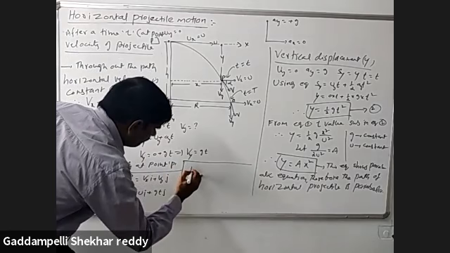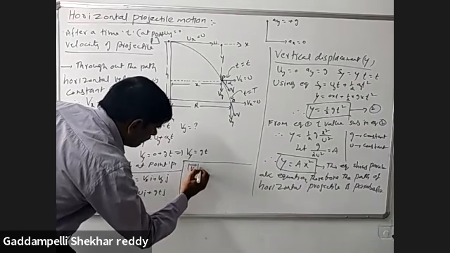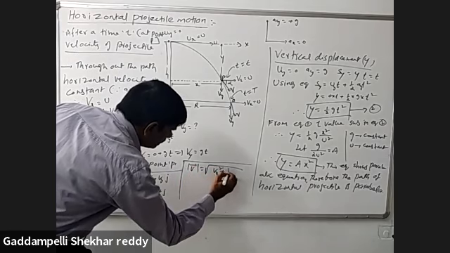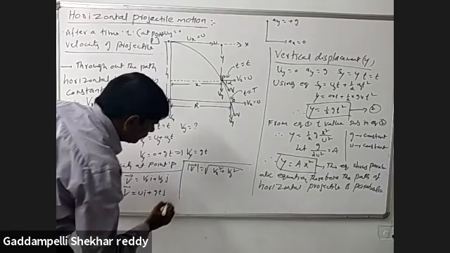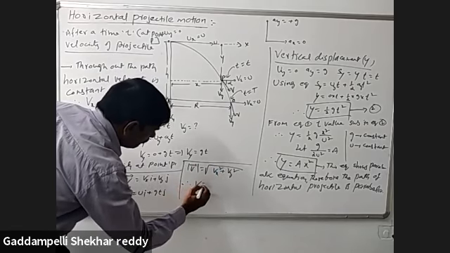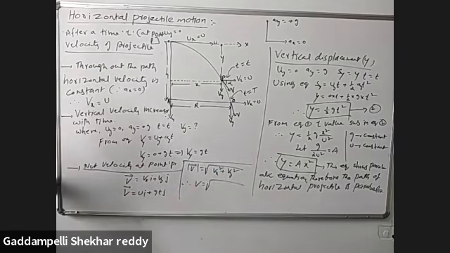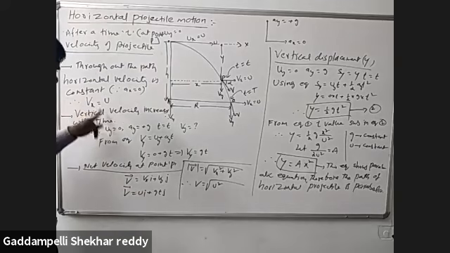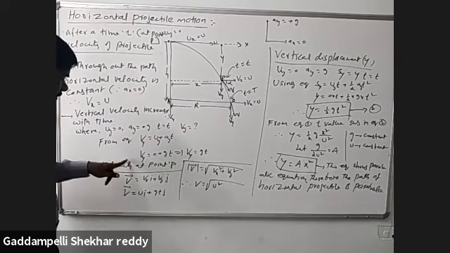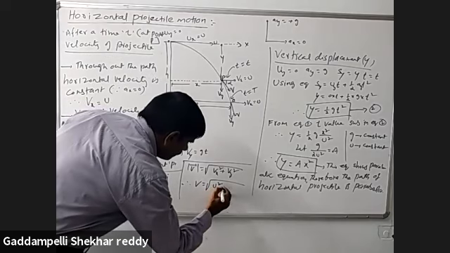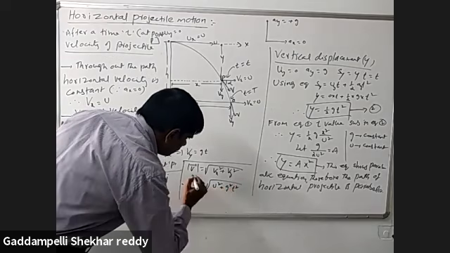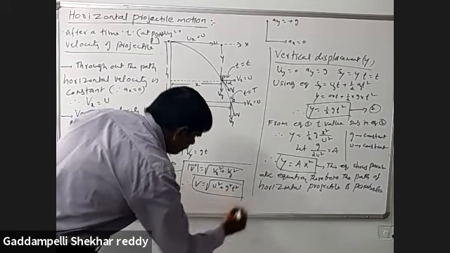Now the magnitude form. Mod of V is equal to the root of Vx square plus Vy square. Therefore, V is equal to, what is Vx? Vx is equal to u, so u square, plus Vy is gt, so g square t square.